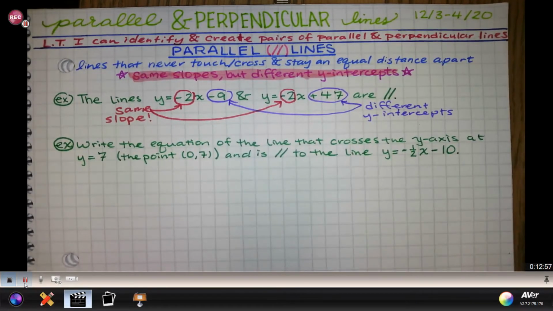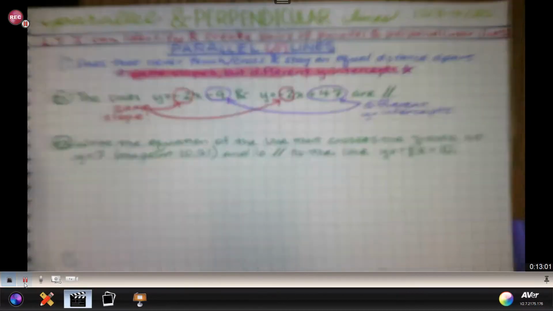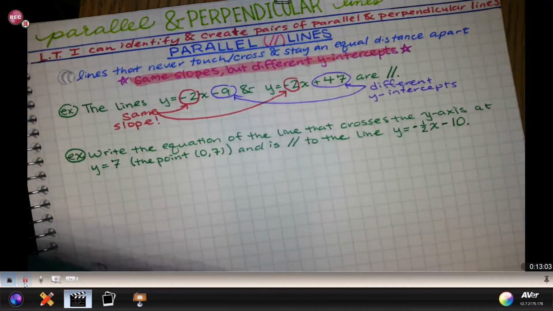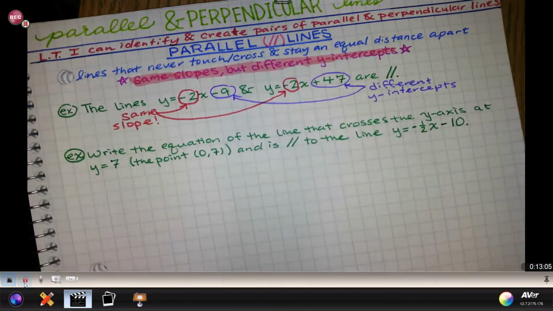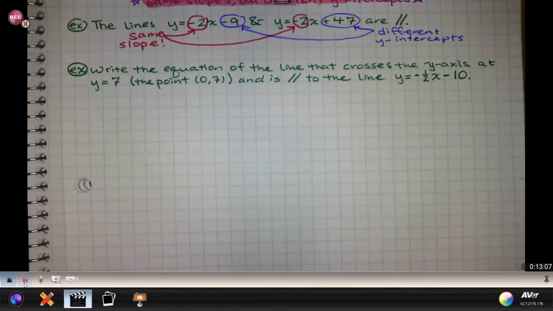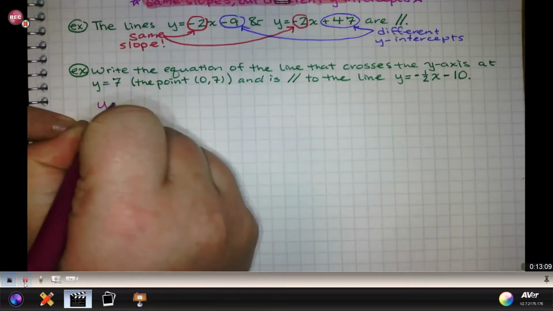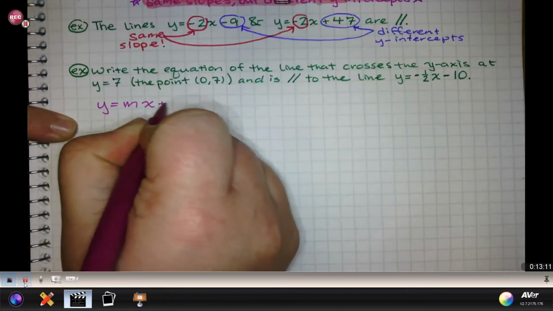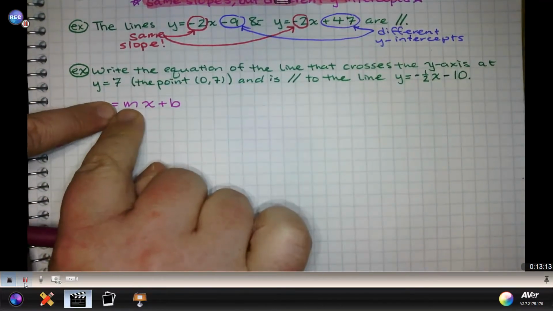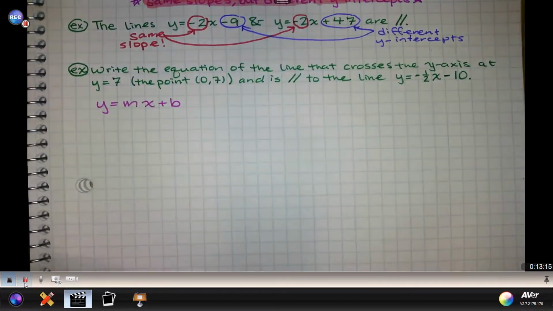So as of right now, we need two things to write the equation of the line. y equals mx plus b. So we need m, which is the slope, and b, which is the y-intercept.